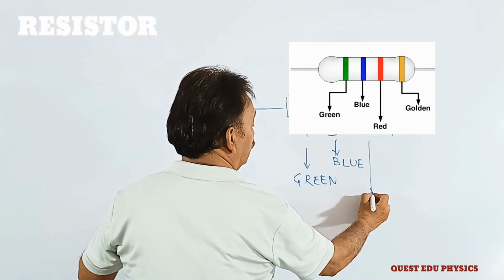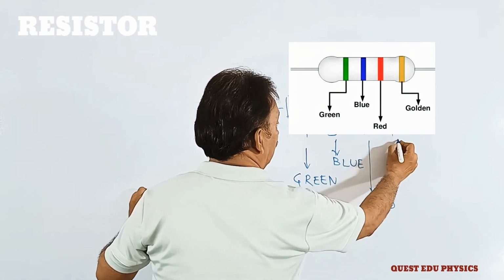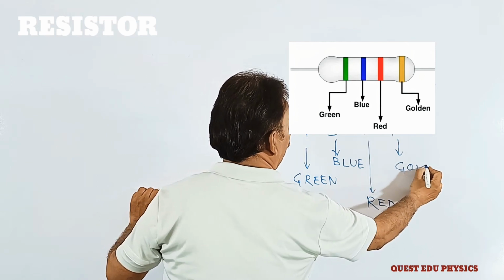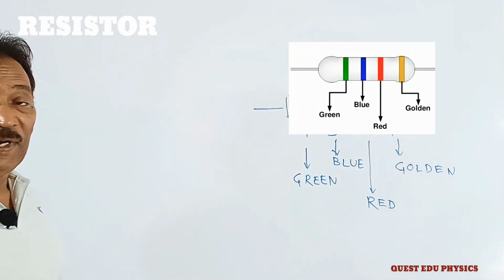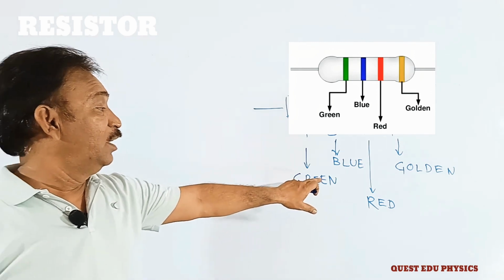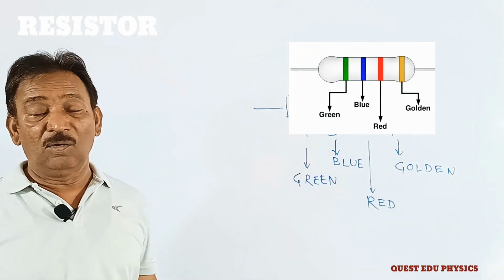And the third one, as usual, is red. And the fourth is golden. If you see a resistor, you will find these four rings, students. Here, the first one is green, second is blue, third is red, and fourth is gold.